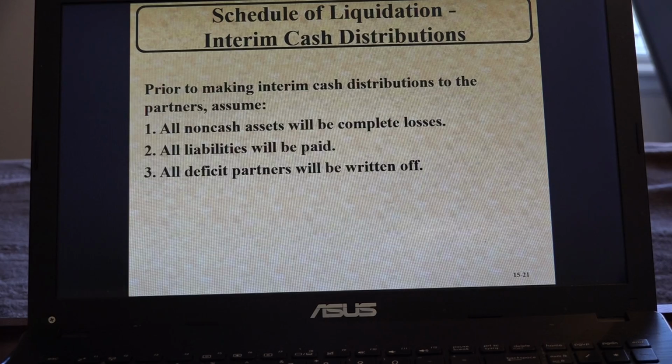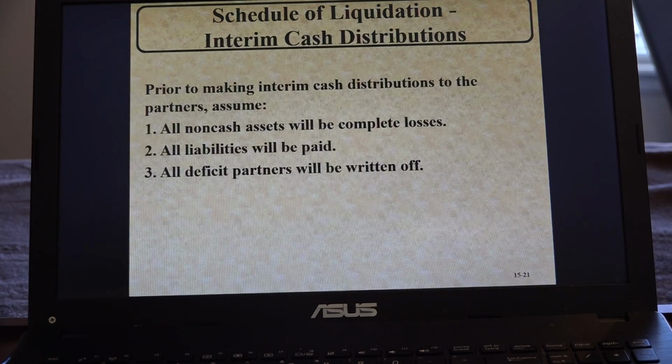And so in this schedule of liquidation, figuring out interim cash distributions, you have to assume the following. You have to assume all non-cash assets will be complete losses. All liabilities will be paid, and all deficit partners will be written off. Okay?